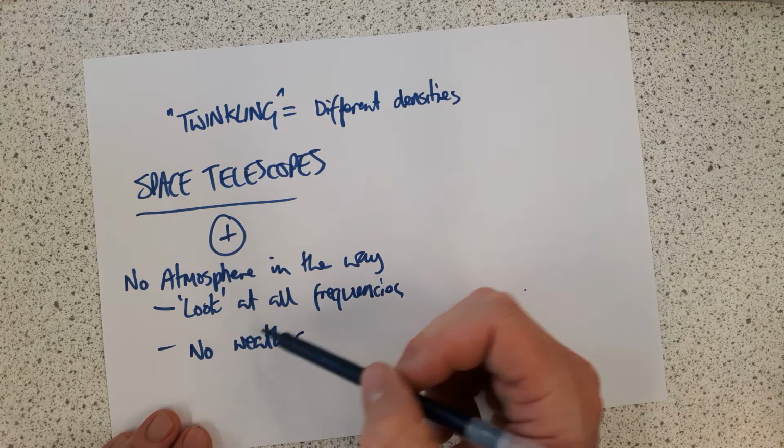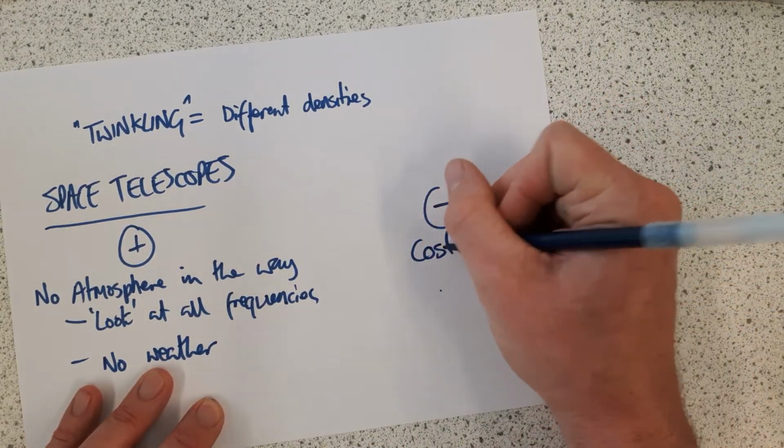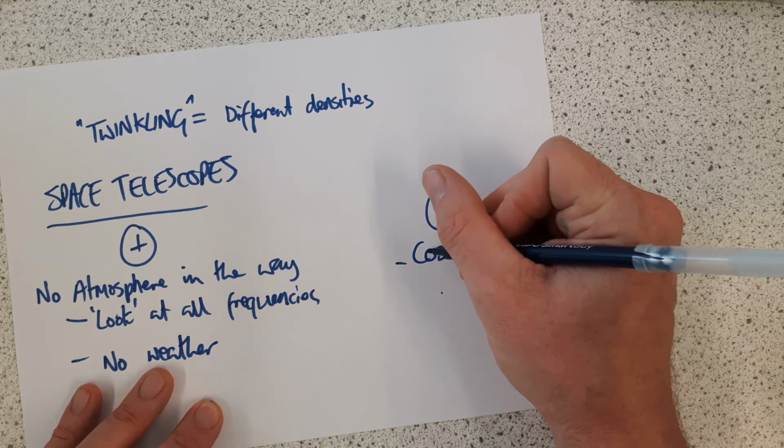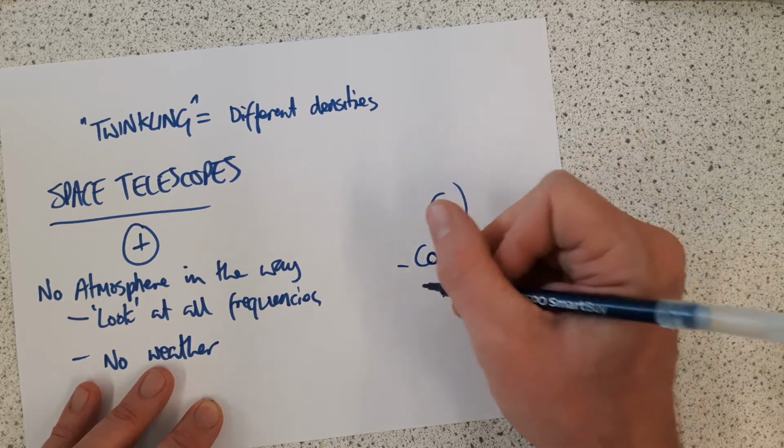So space telescopes have a lot of advantages, but obviously the disadvantage is the cost, which is tremendous, such that one country on its own would be unlikely to be able to do it, so it would have to combine with other countries.